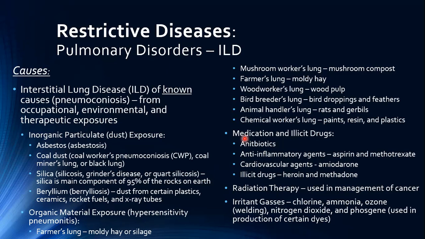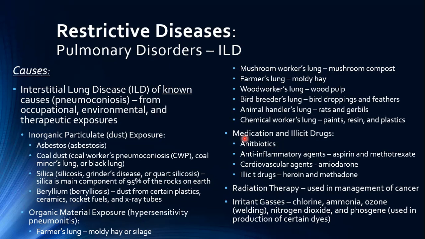So if you don't have the perfect mask on or the right type of mask, you can suffer from bird breeders' lung, which causes interstitial lung disease. Animal handlers' lung from rats and gerbils. Chemical workers' lung that work around paint, resins, and plastics, right? So there's a lot of things that can cause interstitial lung disease. It's mainly from your occupational exposure.